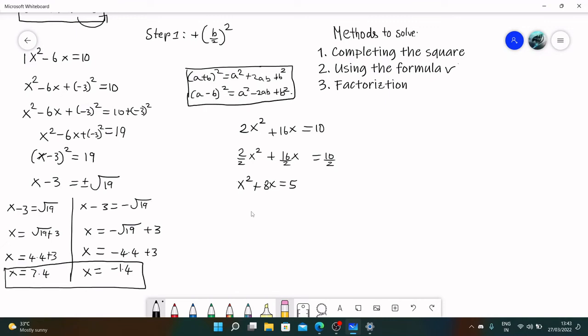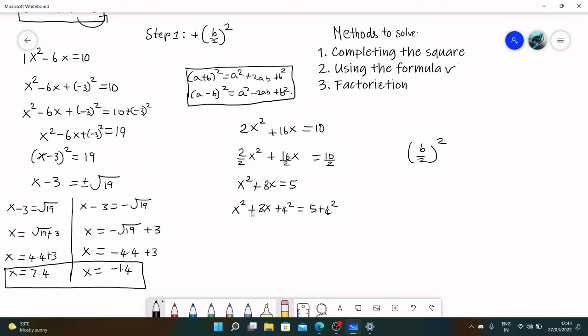Now you have an equation that is very similar to the first one. Again, we need to look at the b value, that is plus 8. So b by 2 squared, that would be x squared plus 8x plus 4 squared equals 5 plus 4 squared.